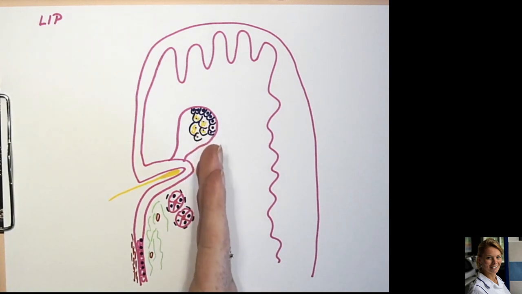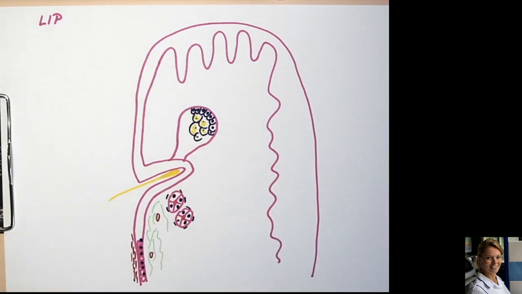So this is the cutaneous part, and the other is the mucosal part facing the oral vestibule.